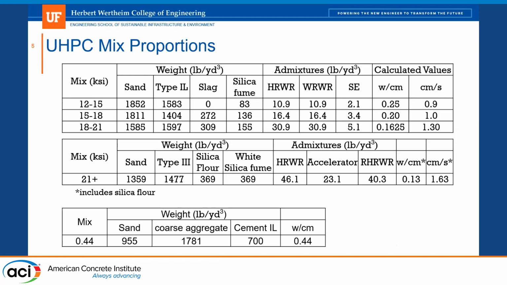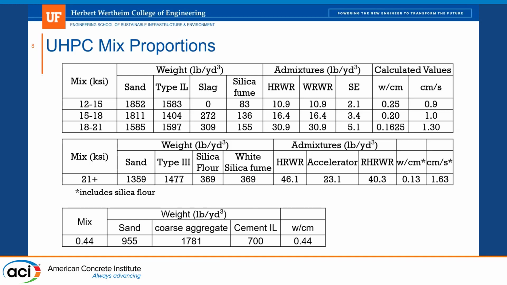So talking about the UHPC mix proportions, the mixes are from 12 up to 21. We used almost the same materials. Here you see the sand, type 1L cement, the slag and the silica fume, and we played a little bit with the water cement ratio, which ranged from 0.25 down to 0.1625 for the 21.